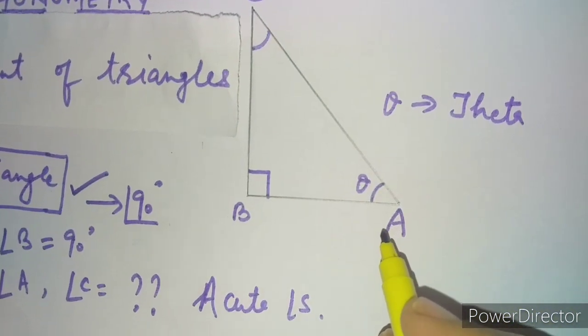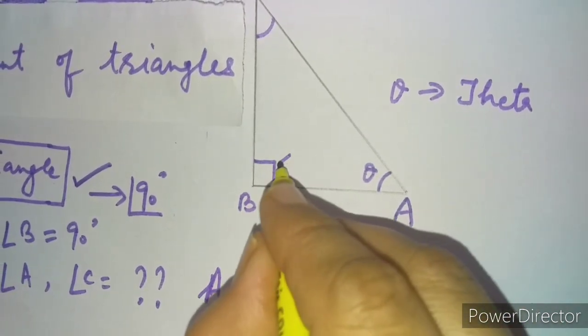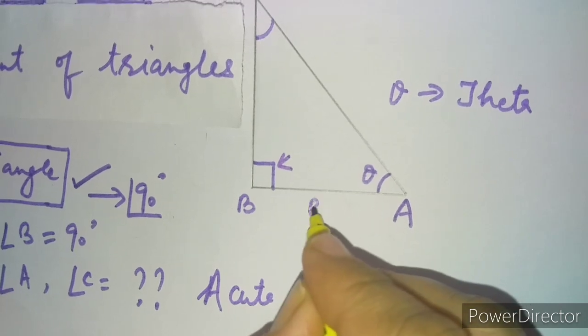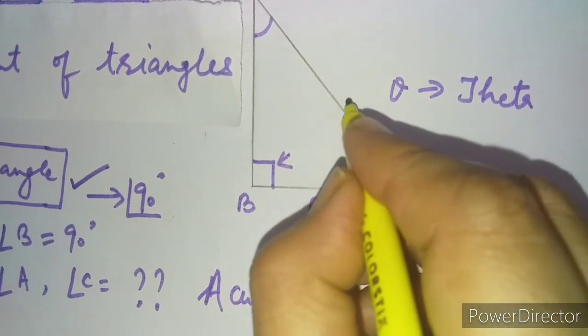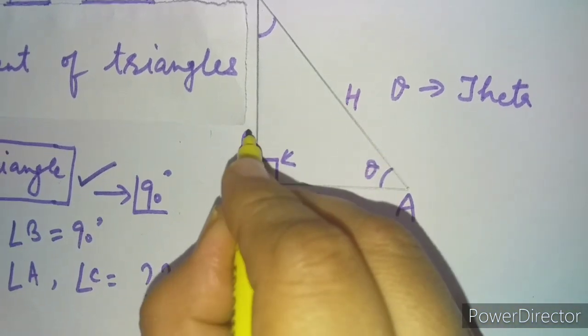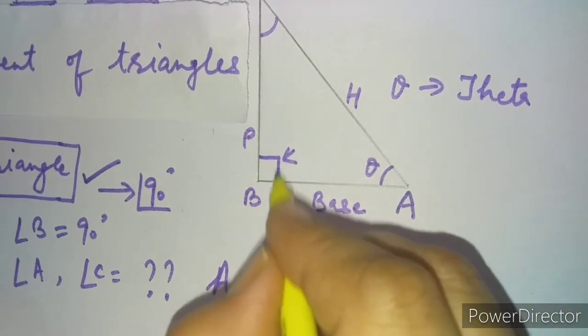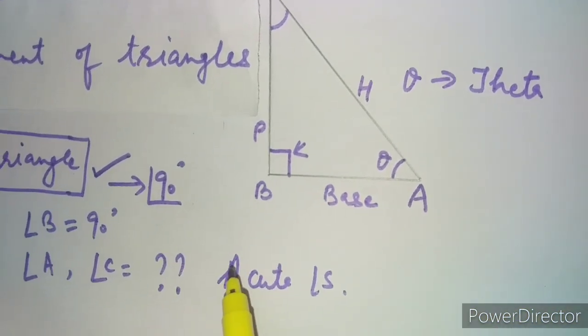Now, from here we have this right angle. This is called the base. This is called the hypotenuse, which I will explain a little later. And this side, standing straight on the base and making an angle of 90 degrees, is called the perpendicular.